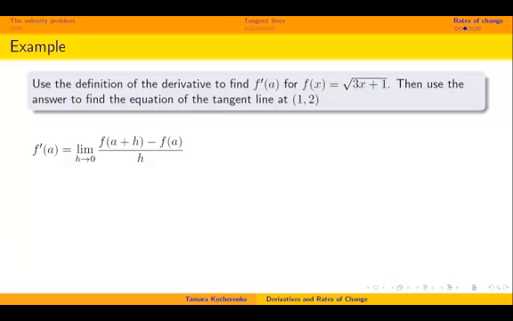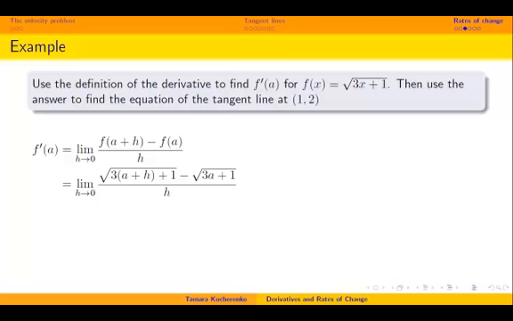We replace the function f of x here by square root of 3x plus 1 to get the limit as h approaches 0 of the square root of 3 times a plus h plus 1 minus square root of 3a plus 1 divided by h.